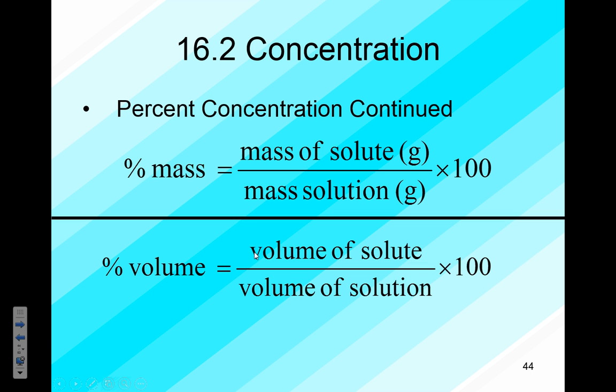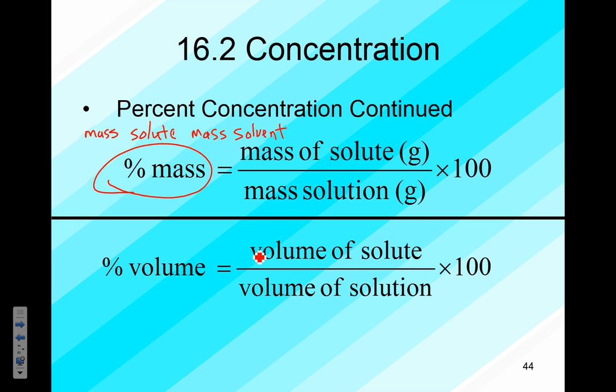Now, one of the things you have to be very, very careful of with percent by mass is this particular situation here. It is very common in a lot of problems to tell you the mass of the solute and the mass of the solvent. And that presents an additional step to our problem.